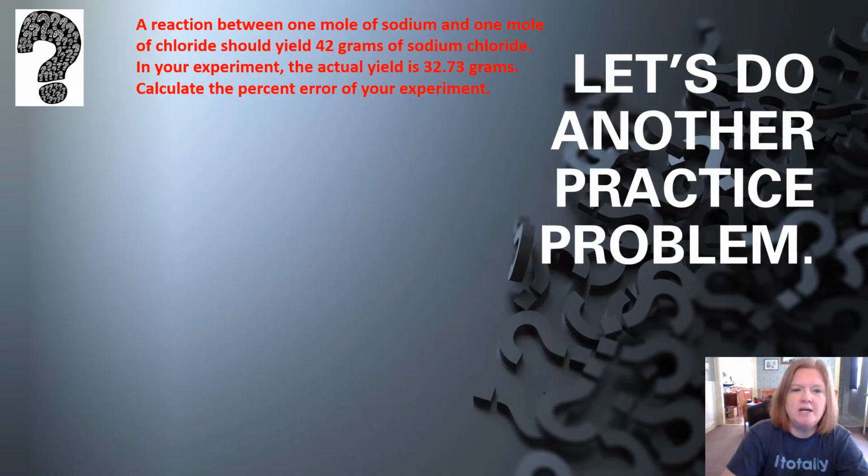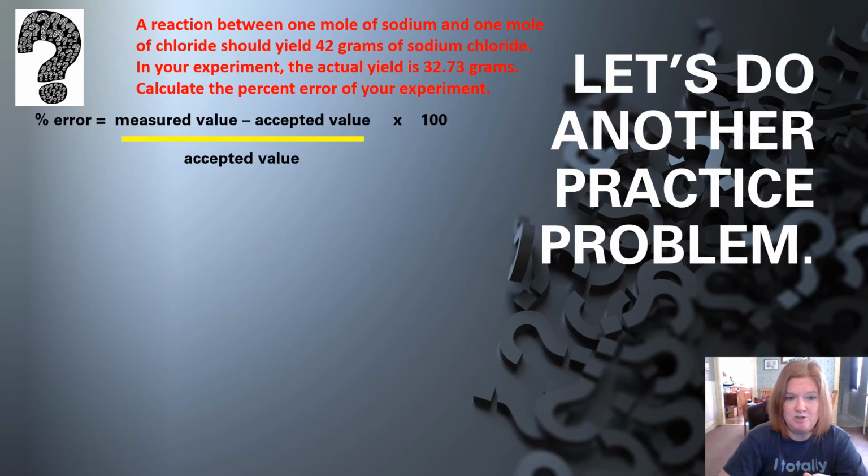Okay, so a reaction between 1 mole of sodium and 1 mole of chloride should yield 42 grams of sodium chloride. In your experiment, the actual yield is 32.73 grams. Calculate the percent error. Here's where you have to be careful. So here's the formula, and people will read the word actual and say, oh, that's the right answer. No, that's from the experiment.